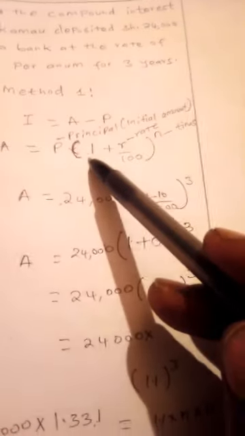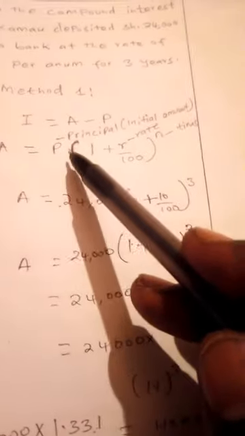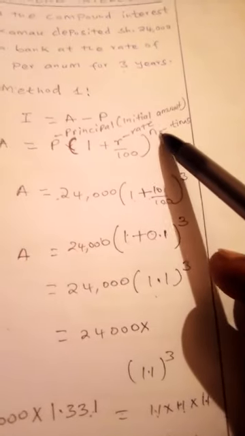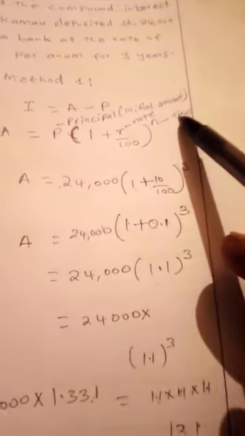Let's now move to another method. So that's the first method. In the first method, we have said that to calculate the compound interest, it is simply amount minus principal. At first we use the formula to get the amount: amount is equivalent to principal, we open the brackets, 1 plus the rate over 100, we close the brackets and then to the power of n, which means time.